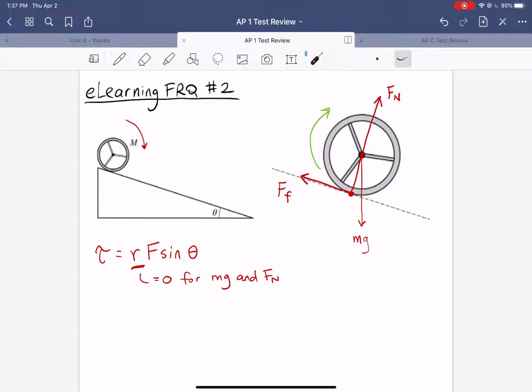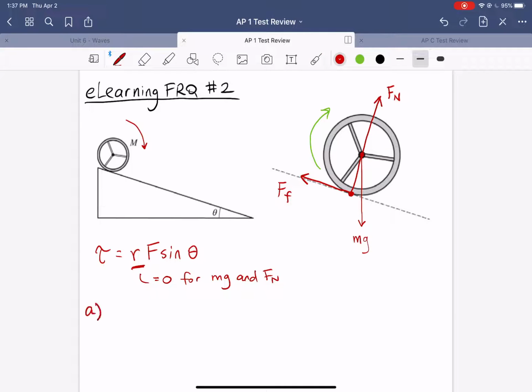But for the friction force, R is going to be this distance here, the distance from the line of the force to the center of the wheel. So there is a non-zero lever arm distance, so there's going to be a torque created by friction.